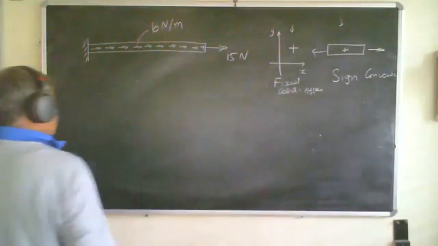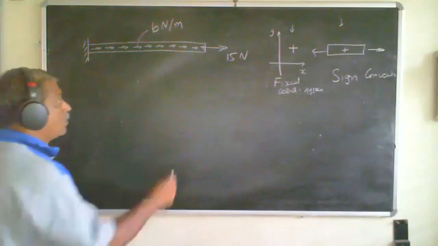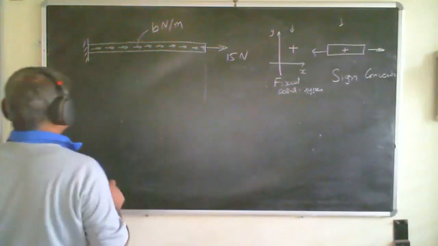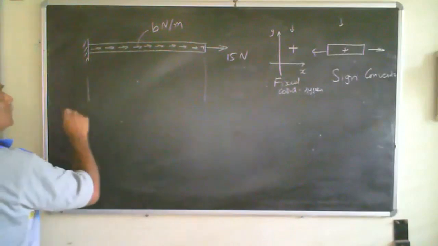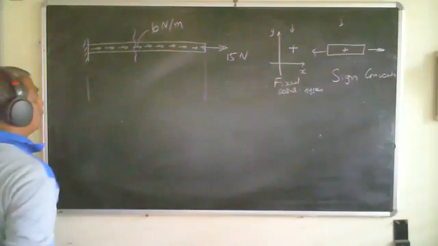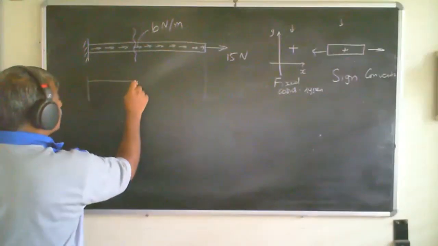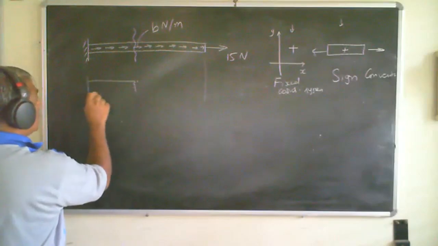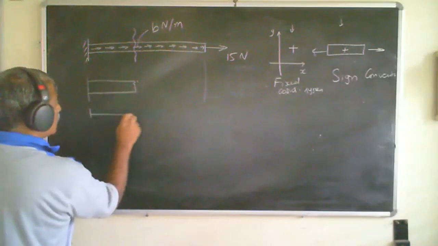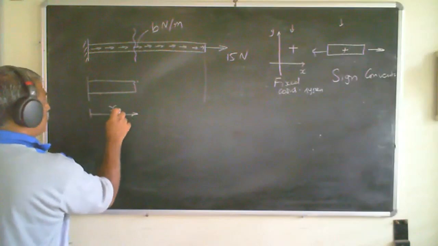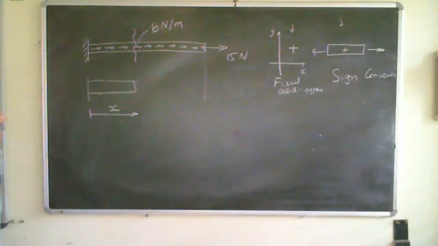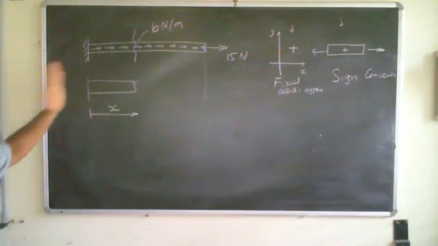Okay. So given this, what can I do? I can probably cut a section like this, right? And when I cut a section like this, let's say this is x away from the support.